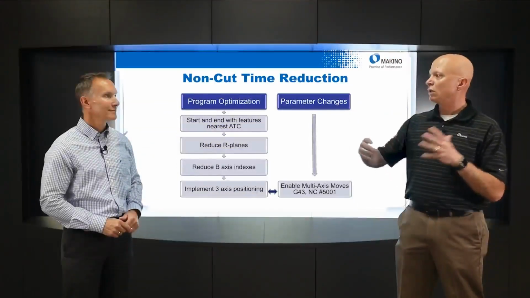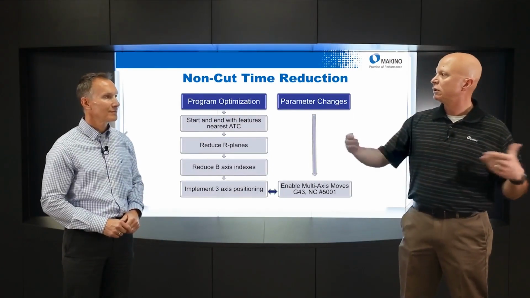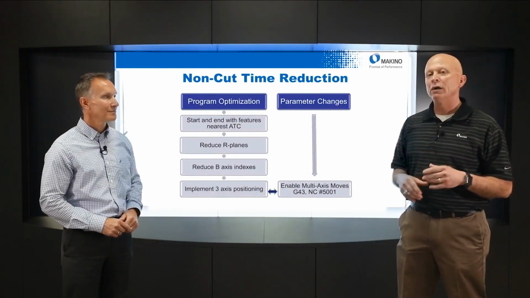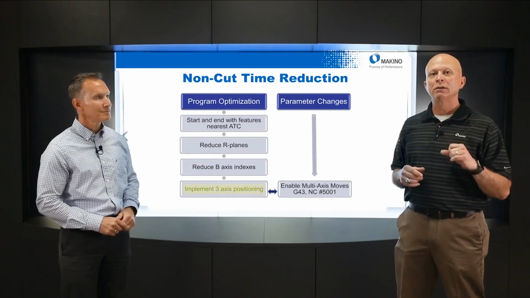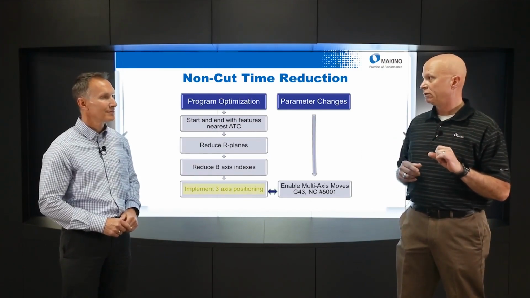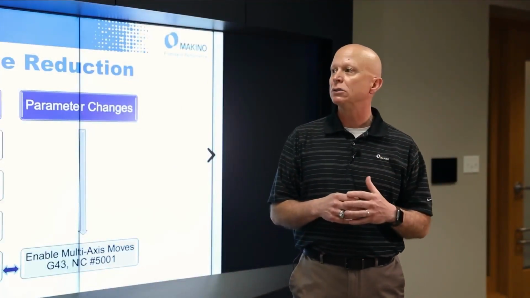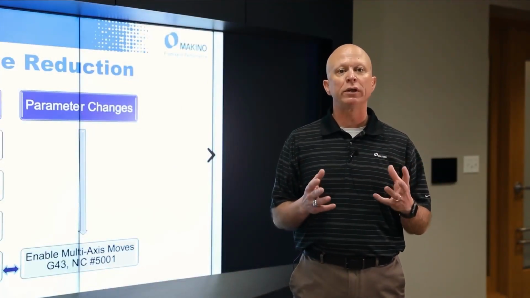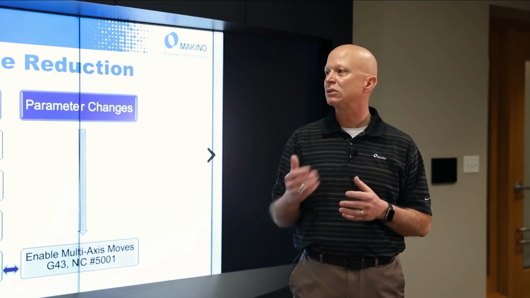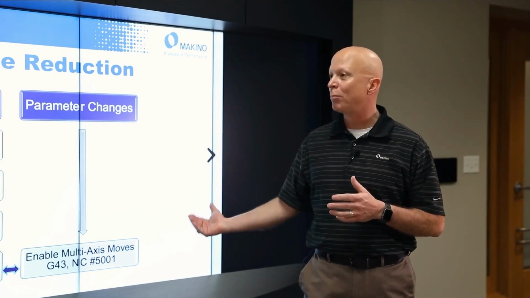And that's going to reduce a lot of that movement from the tool changer to the actual part. In addition, we're going to talk about the 3-axis positioning. So instead of just moving X or Y, one linear axis, we can actually move all 3 linear axes and the rotary axis at the same time. And that involves a parameter change.